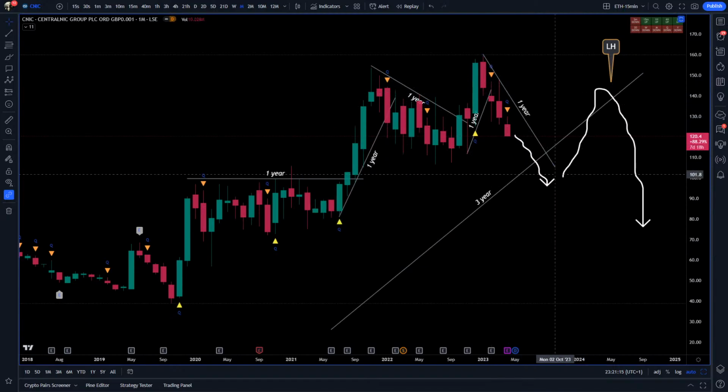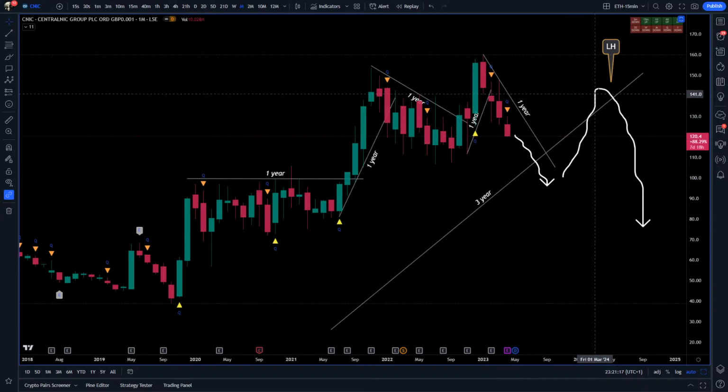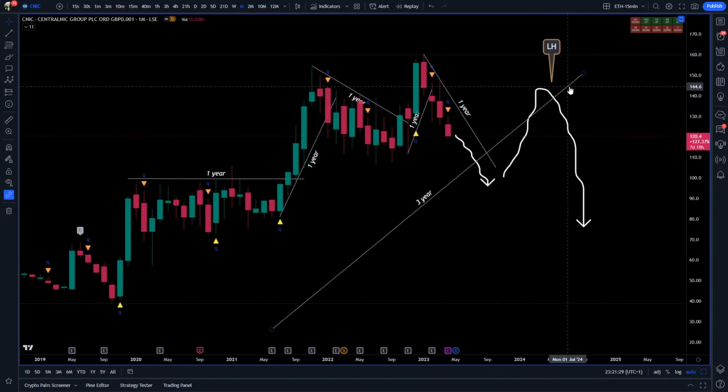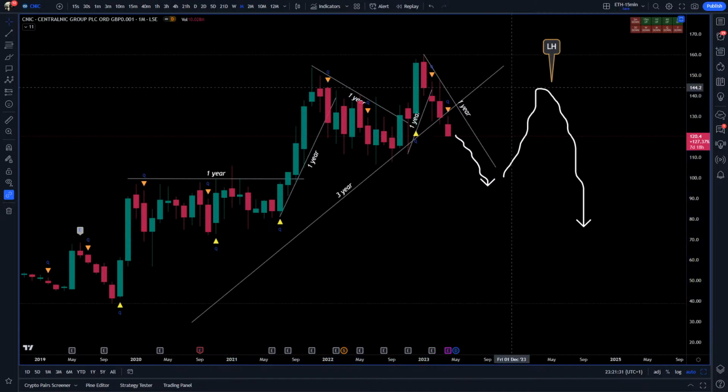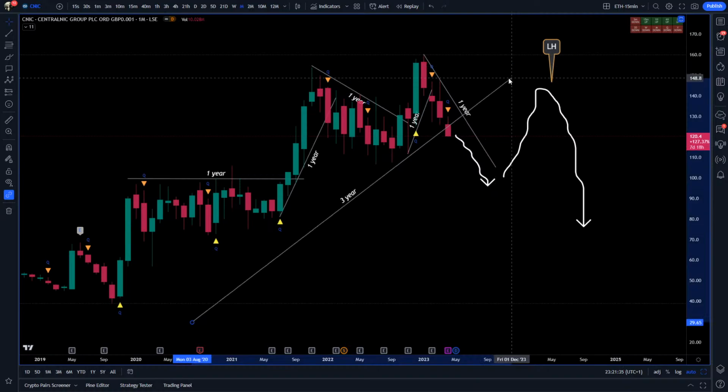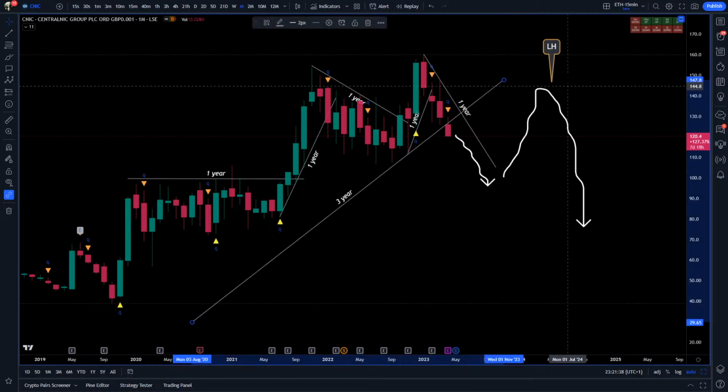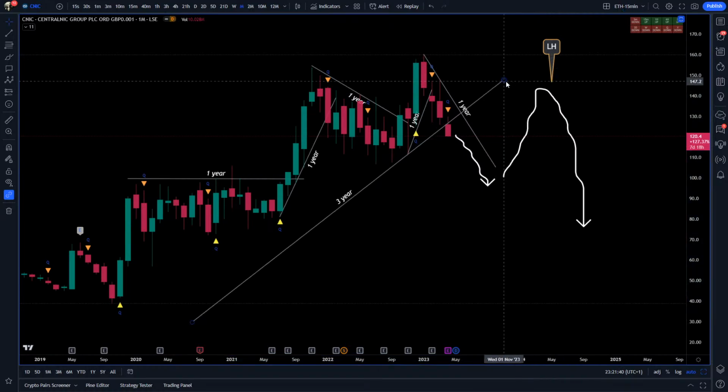So the yearly came down, and if the yearly went up to make a lower high of the yearly trend, that is the point where we should be thinking that the 3-year trend that was going up previously is over. The 3-year uptrend will be over when there is a lower high, and we should be thinking about short selling.